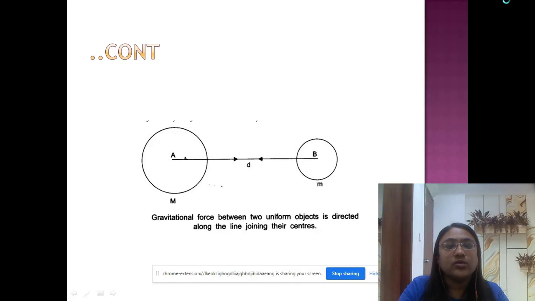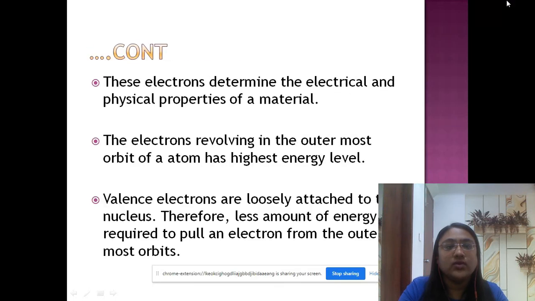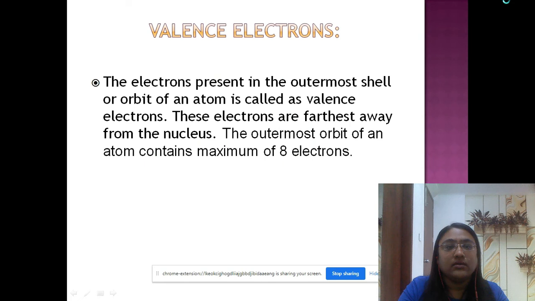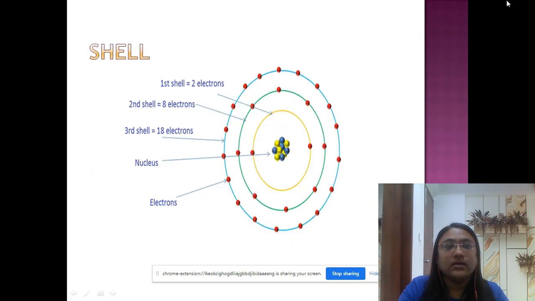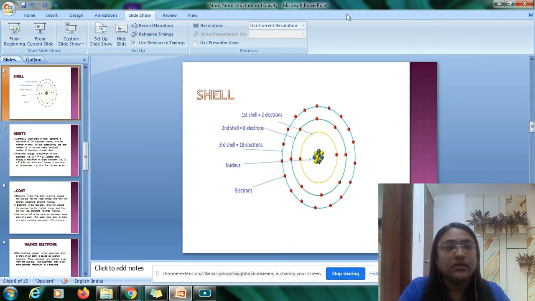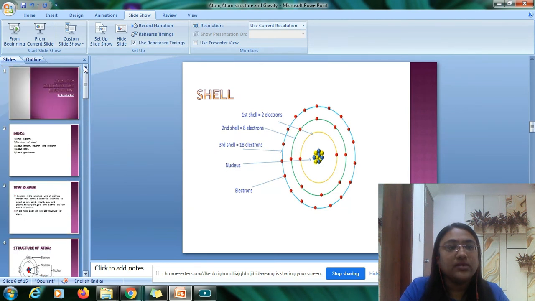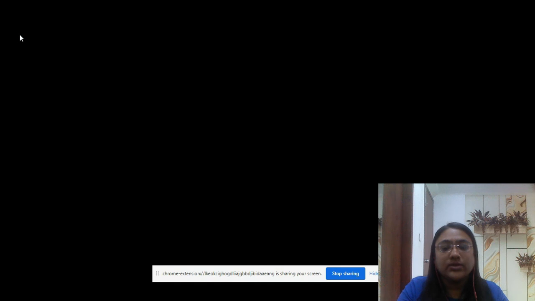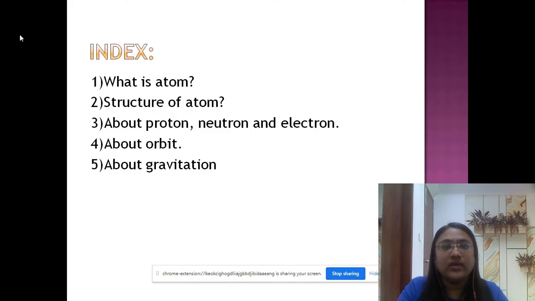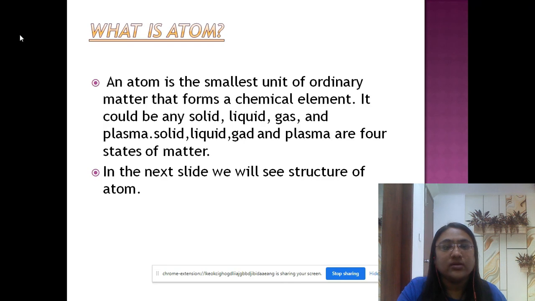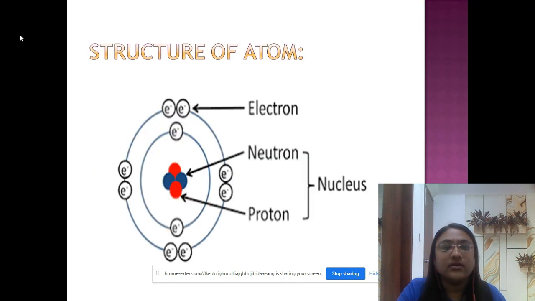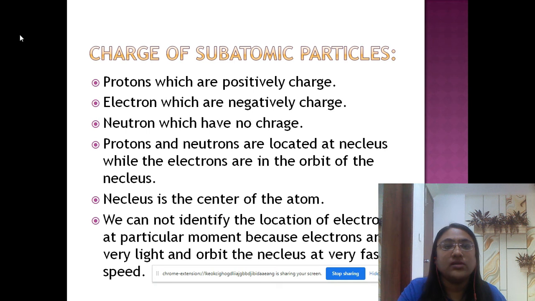We will again see what we have seen today. We will quickly revise. First of all, we saw the definition of atom, because it is the smallest particle of any matter. After that, the structure of the atom, how many subatomic particles there are, and what their charges are.